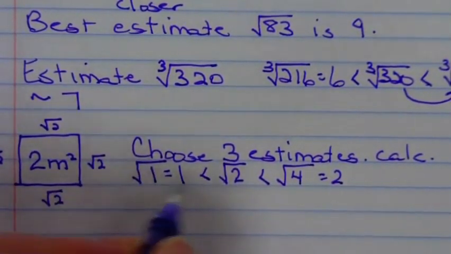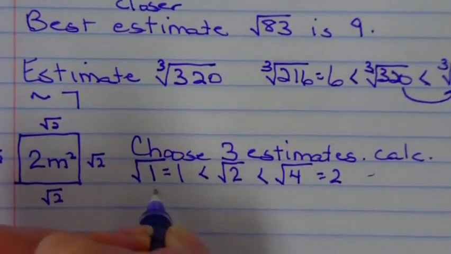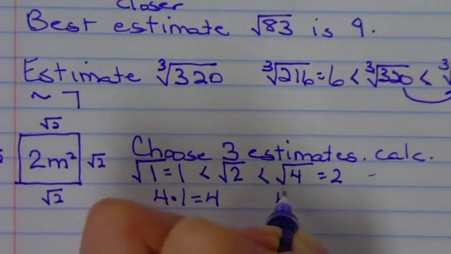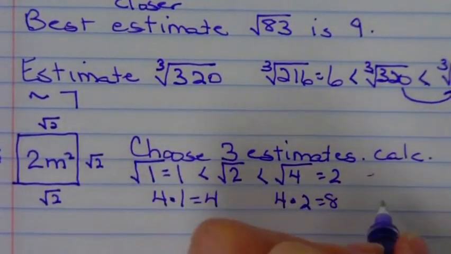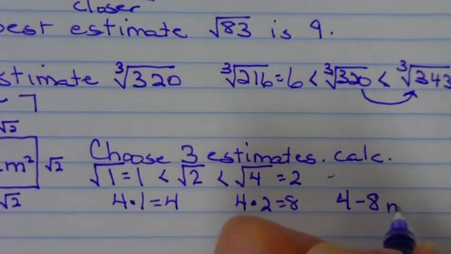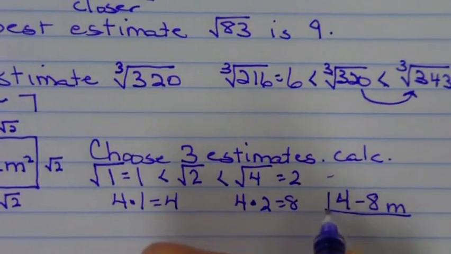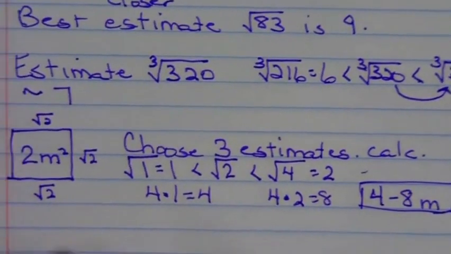So we're going to take 4 times 1 and 4 times 2. So 4 times 1 is 4. 4 times 2 is 8. So this one says we need between 4 and 8 meters of fencing. That is a really large range. I don't think we want to be that vague.